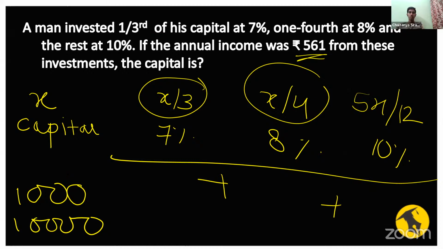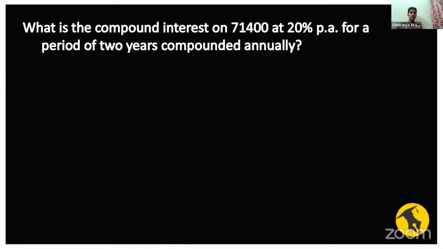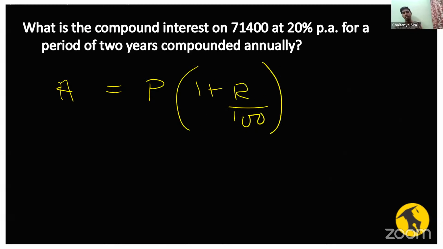Okay, let's move to compound interest now. So, what was the formula for compound interest? Amount is equal to P into 1 plus R upon 100 to the power n. This question asks me what is the compound interest on 71400.